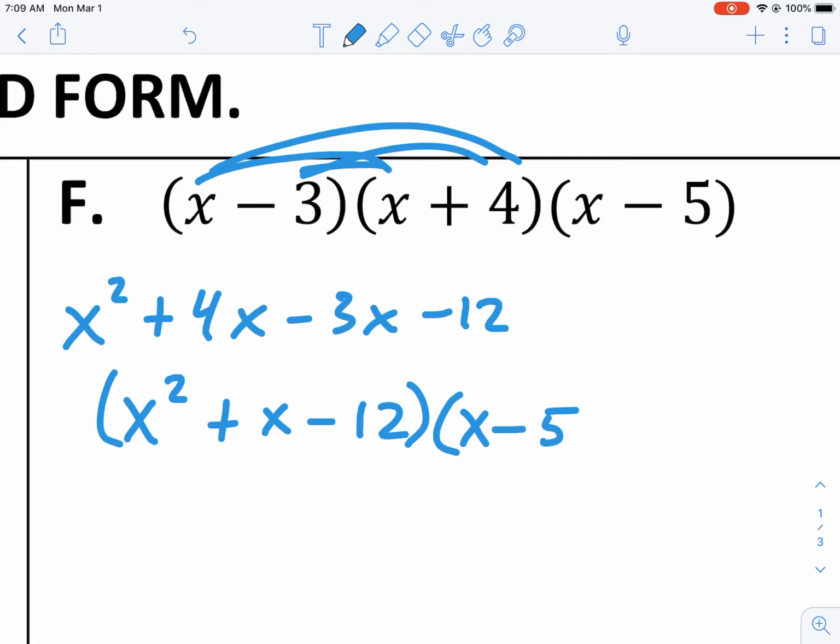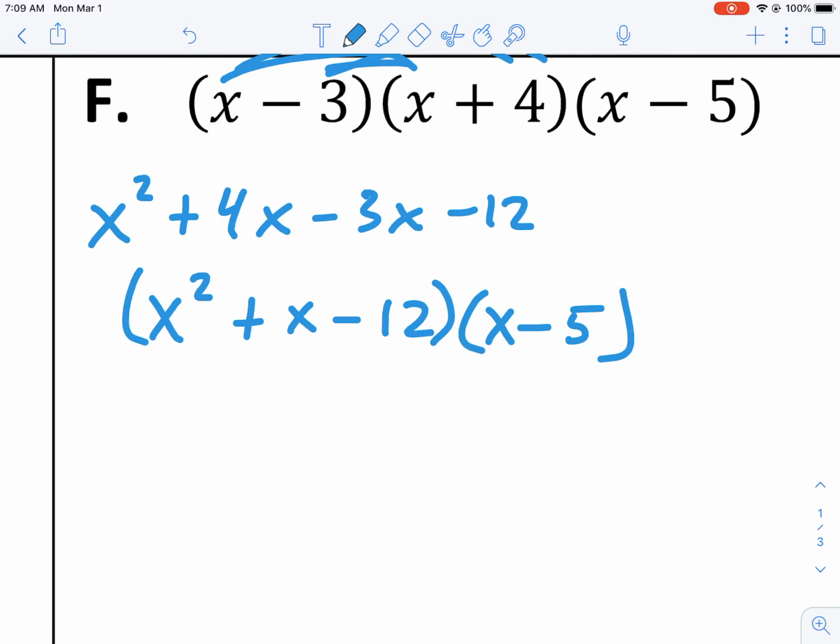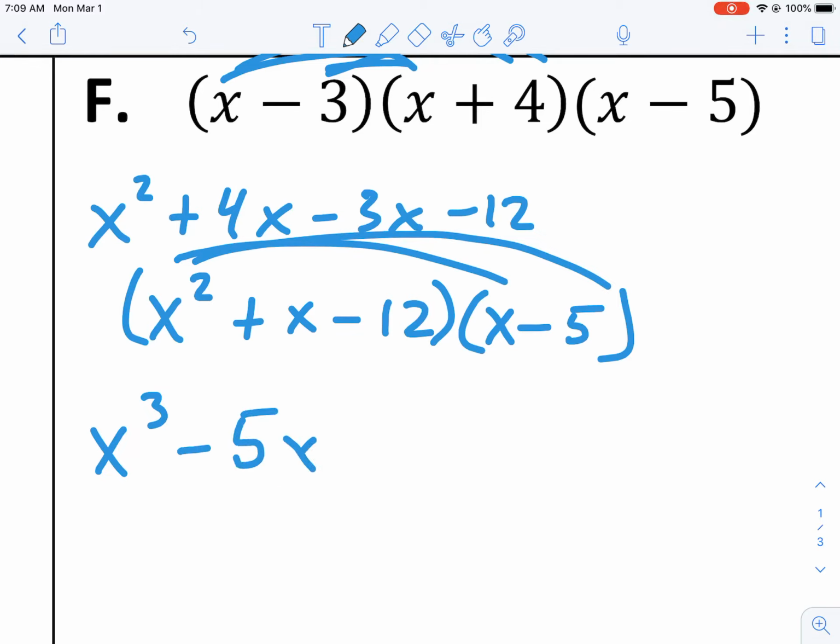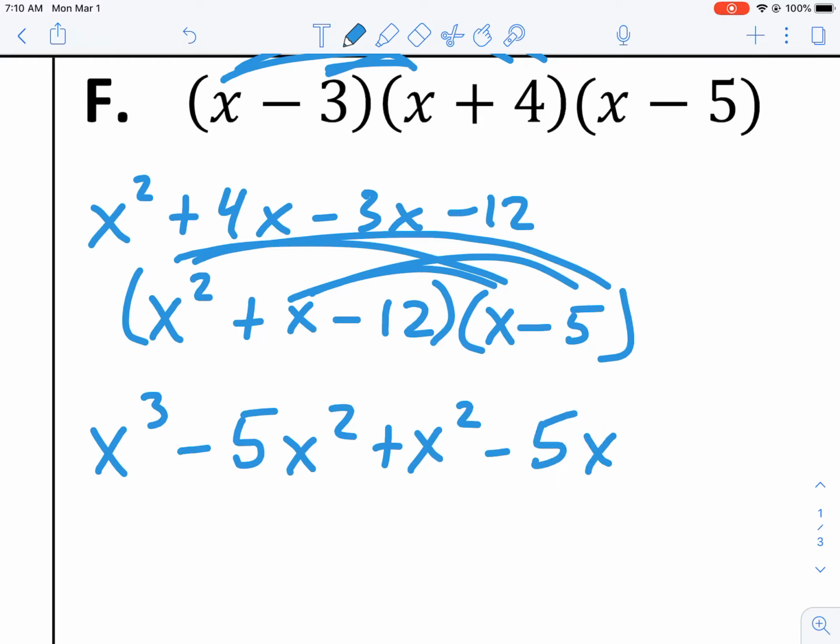Now you'll have to do the same thing again. x squared times x, that's x cubed. x squared times negative 5, that's negative 5x squared. x times x, that's x squared. x times negative 5, that's negative 5x. Negative 12 times x is negative 12x.